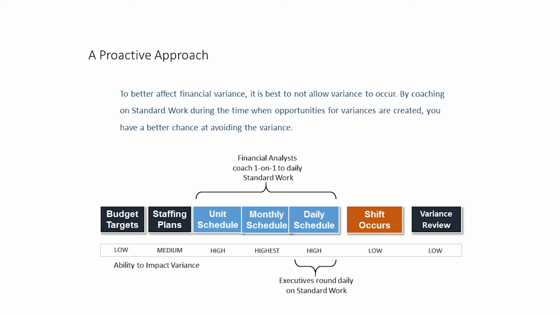So it's very difficult for them to make changes to that, or if they're making changes to that, they've already sort of lost another month. So this really looks more on the front end with the unit schedule, daily scheduling, and looking at opportunity during the day or an advanced scheduling based off of predictive modeling on volumes.